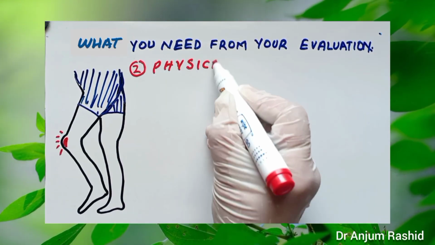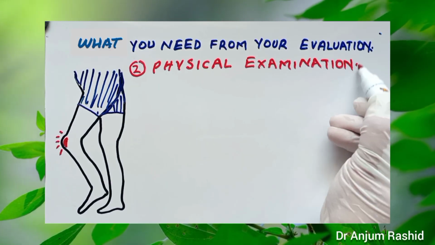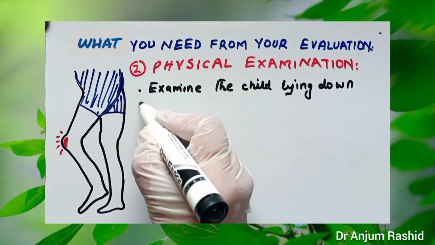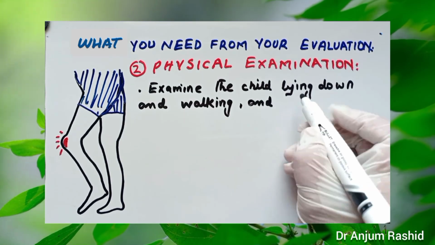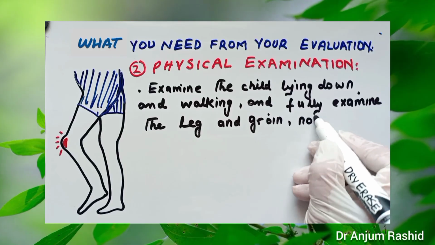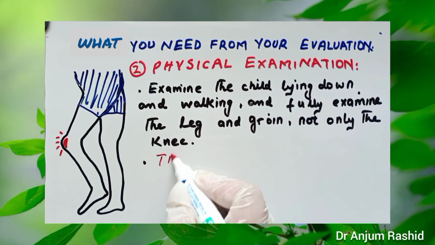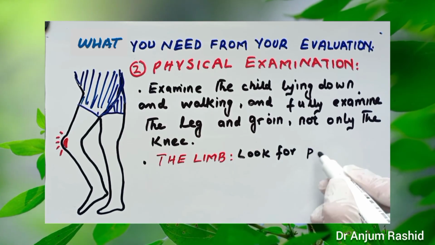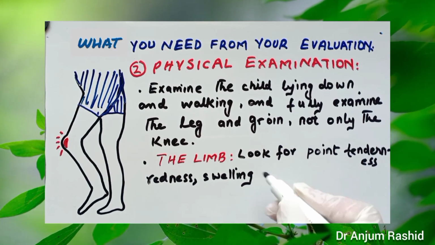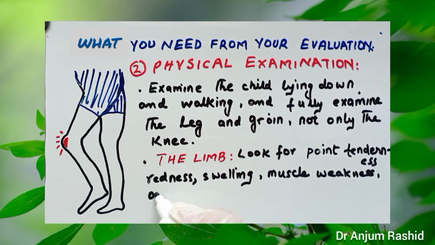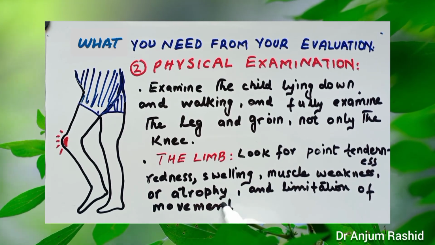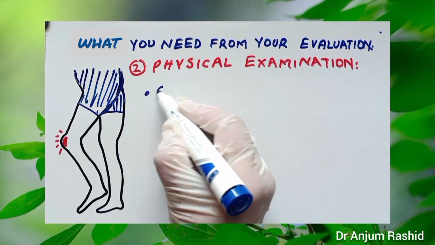Now, the next important thing in the evaluation is, of course, physical examination. Examine the child lying down and also walking, and fully examine the limb and groin, not only the knee. Especially in the limb, look for point tenderness, redness, any swelling, muscle weakness, or atrophy, and also limitation of movement at each joint.